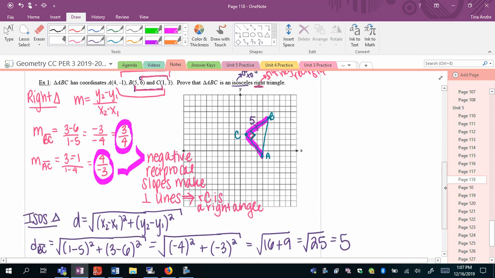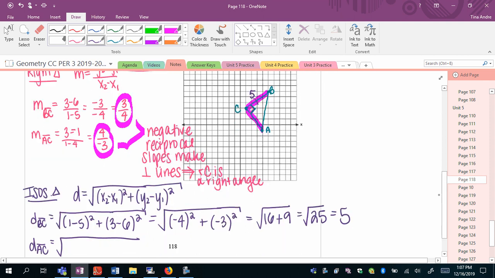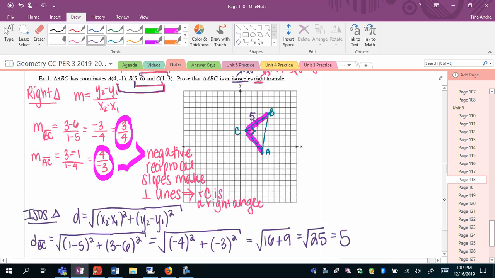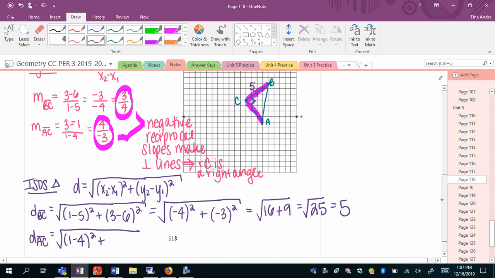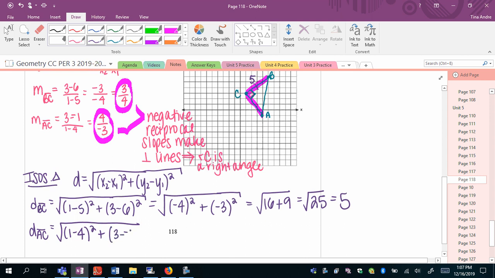So now for AC, I'm going to subtract 1 minus 4. And 3 minus -1. So I end up with -3 squared plus 4 squared, which is good because it's looking just like this other one.